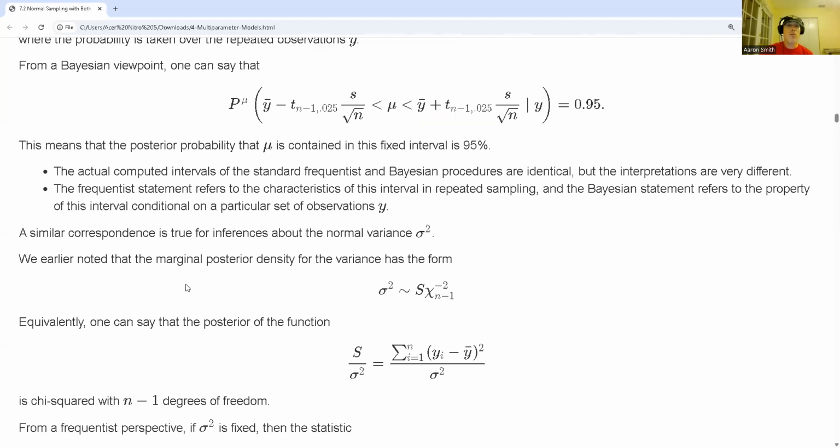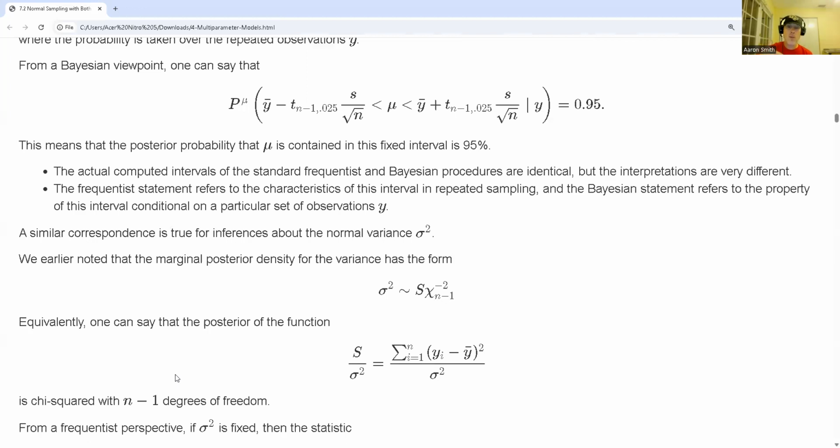A similar correspondence is true for inferences about the normal variance. We earlier noted that the marginal posterior density for the variance is of the form sigma squared is distributed s times inverse chi squared. Equivalently, one can say that the posterior of the function s over sigma squared is chi squared with n-1 degrees of freedom.